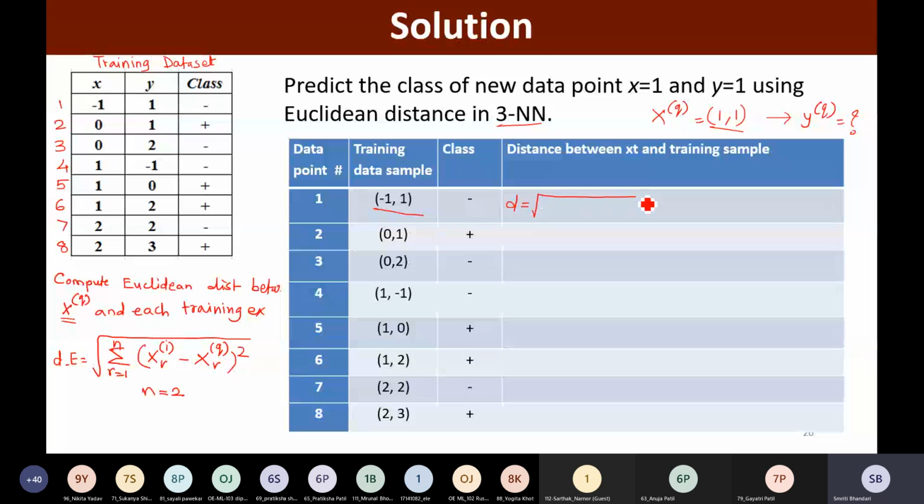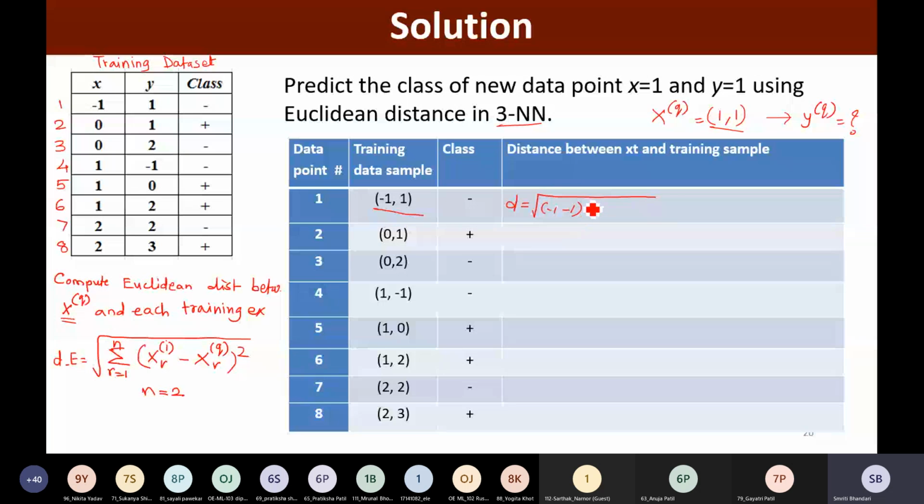D equals the square root of, with r equal to 1, since we have two features. This is x1 of the ith sample, which is -1, minus the first feature of the query instance, that is 1.